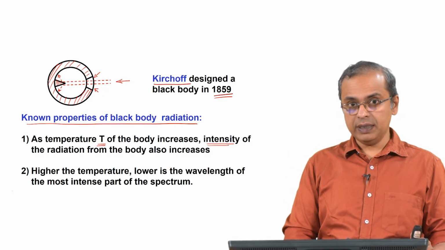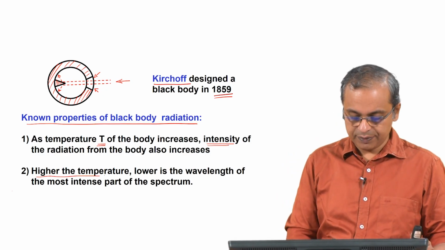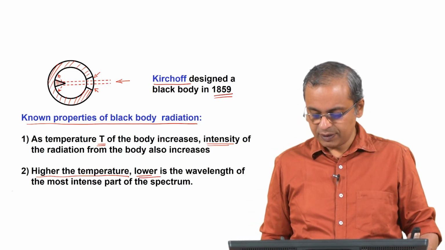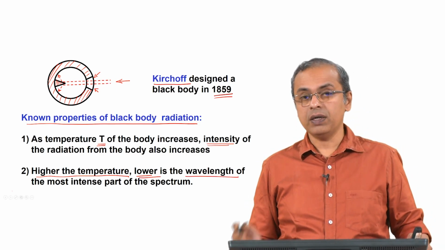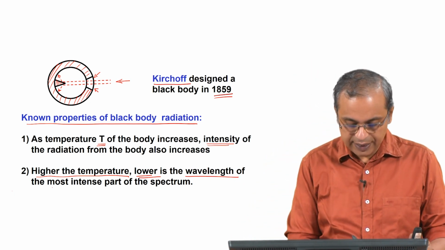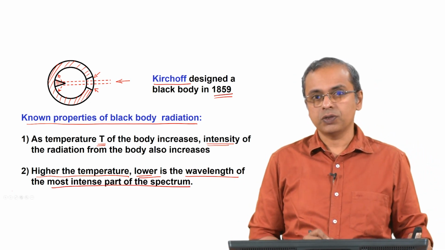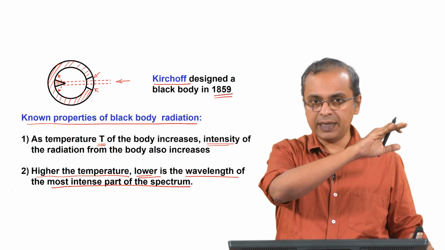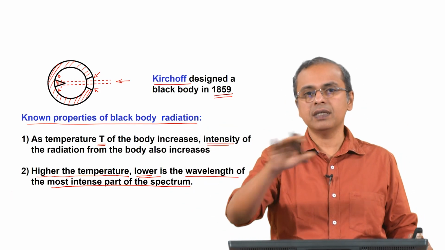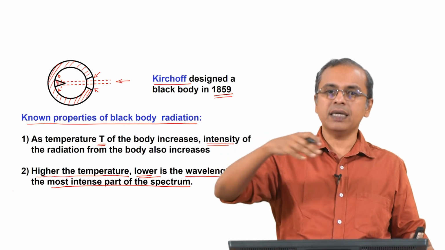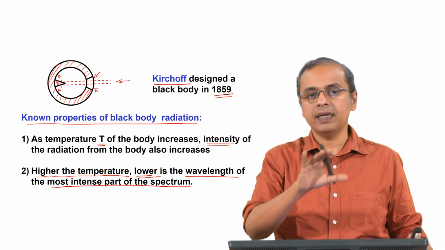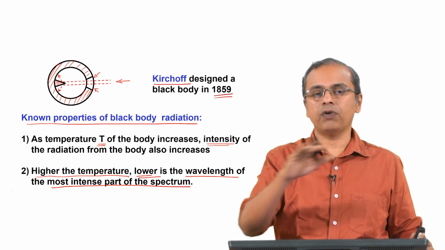An additional feature that was noted was that the higher the temperature of the body, the lower is the wavelength of the most intense part of the spectrum. So, what it means is that the spectrum, meaning the range of wavelengths, and you are looking at intensity across the range of wavelengths. Okay. So, if you look at this spectrum, first of all it is not uniform.